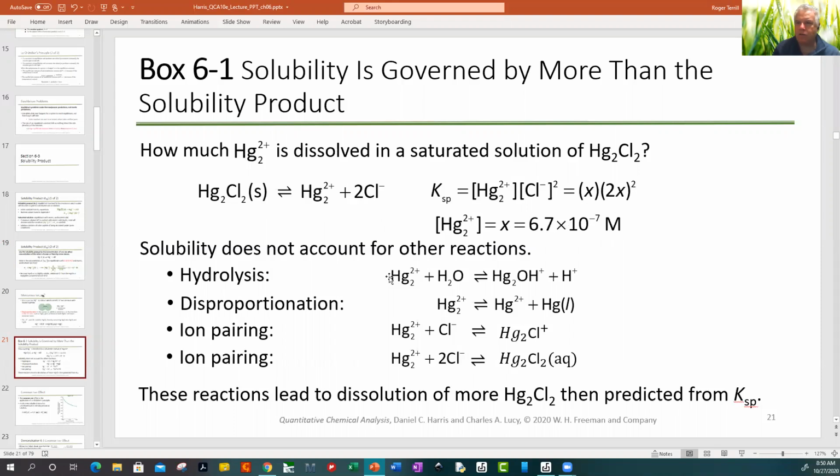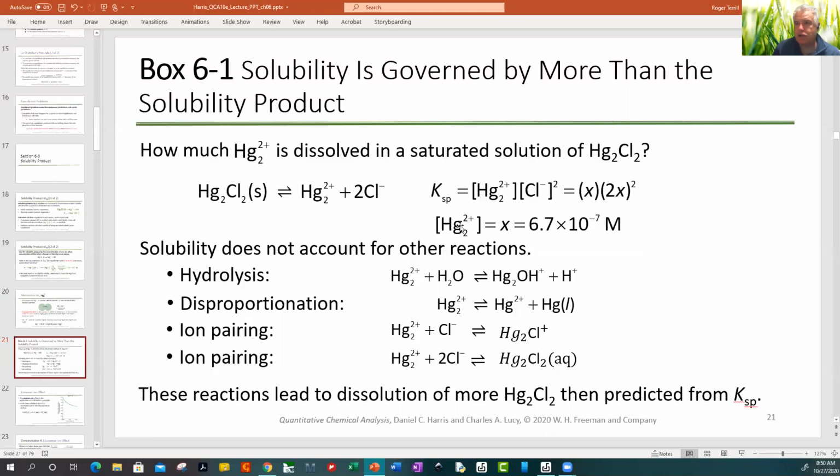But this does not account for the other reactions, where the Hg2 2+ can react with water, it can disproportionate like that, it can ion pair like that, etc. However, these are all going to be sucking up Hg2 2+ from the reaction. So they'll create some liquid mercury, they'll create some dissolved mercury forms.